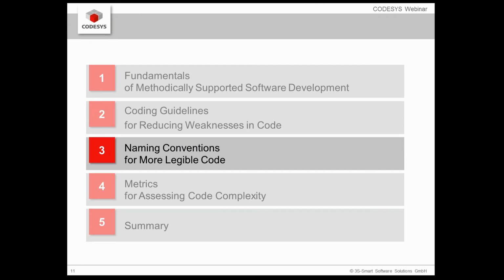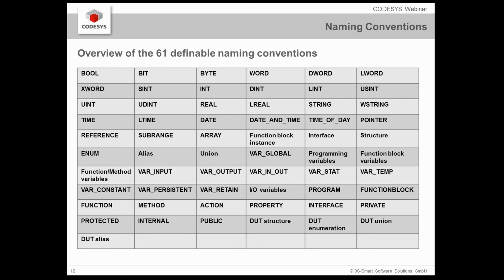The next thing we want to show is the check for the naming convention by CODESYS Static Analysis. There are at the moment 61 definable naming conventions which can be set with a prefix to make it clearer which kind of variable it is, so whether it's really a bool variable, because the variable name is normally not dependent on the type.